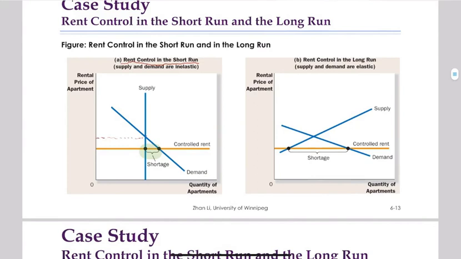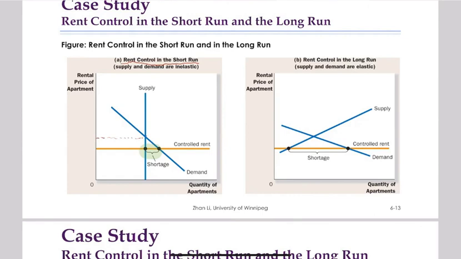The shortage is relatively very mild. So you have a lower rental price and the shortage is also very small. So you can see that in the short run, possibly this is a good policy to help the poor obtain affordable housing, right? Now let's see the right-hand side.